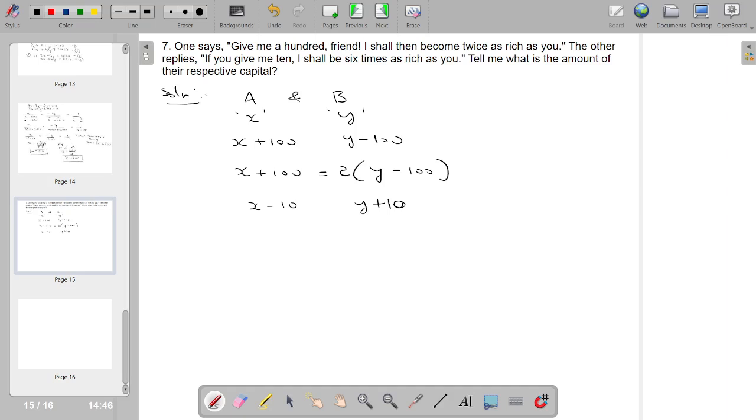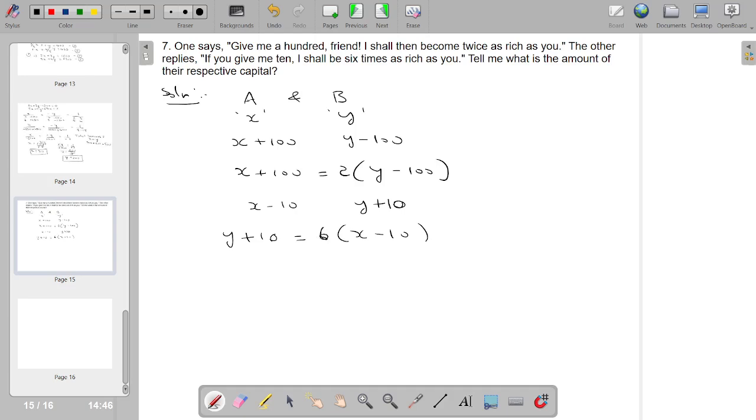So what is B saying? If you give me 10, I shall be 6 times as rich as you. That means person B has Y plus 10, which is 6 times person A, if person A gives 10 rupees to person B. This is the equation, this is 6 actually.